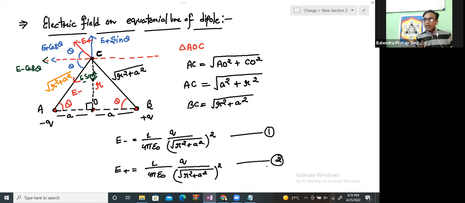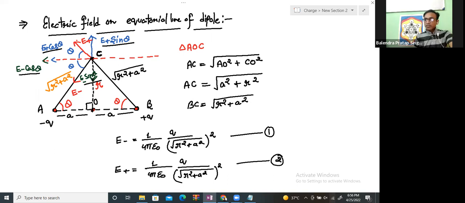And what about the components? The horizontal components are E plus cos theta and E minus cos theta, and the vertical components are E plus sine theta and E minus sine theta. Okay. Now note it down, then I will go to the next part of this derivation. If you have any question regarding geometry, you can ask.